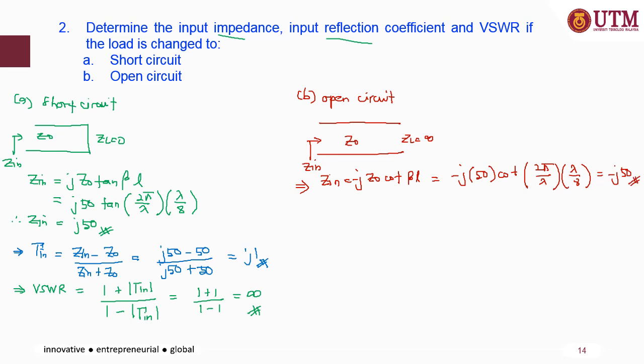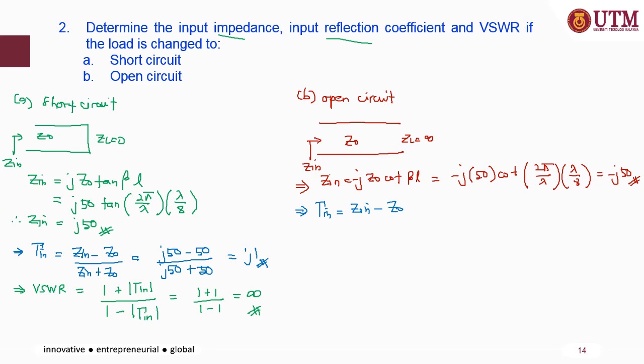Okay, please check the values again. If I have wrongly calculated, please make sure you correct it. Right, next is the input reflection coefficient. So the same steps using Zin for open circuit. So I want you to practice a lot. Make sure you write down the general equation first before you calculate the values.